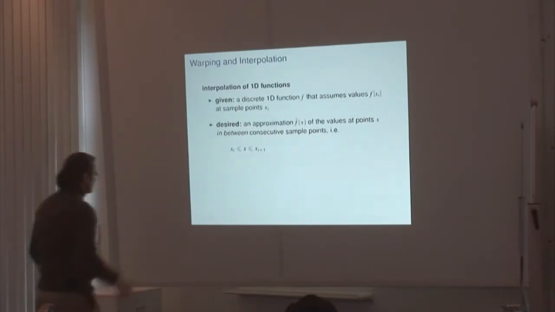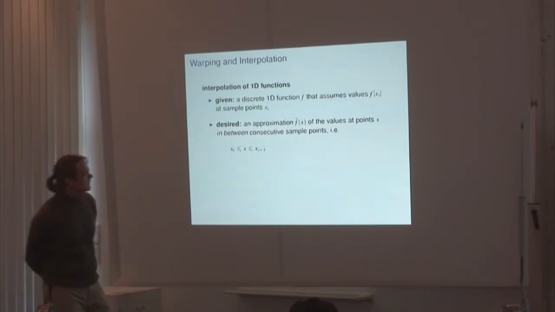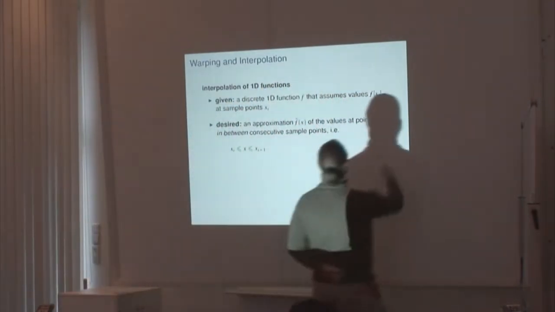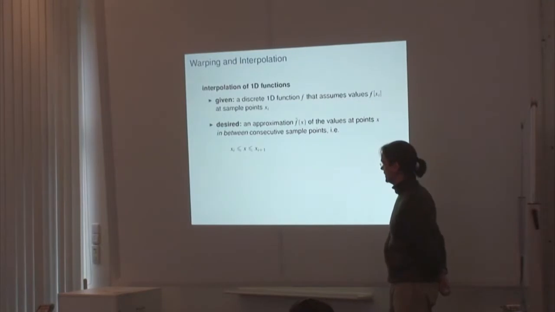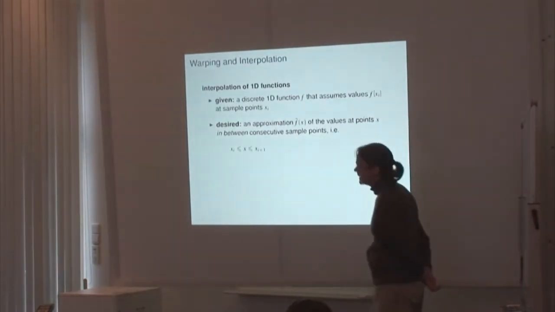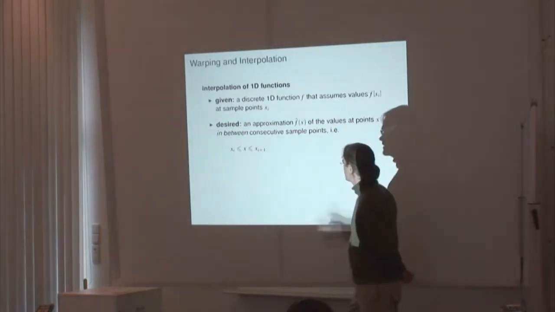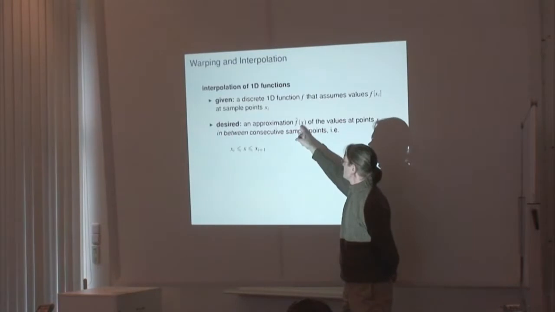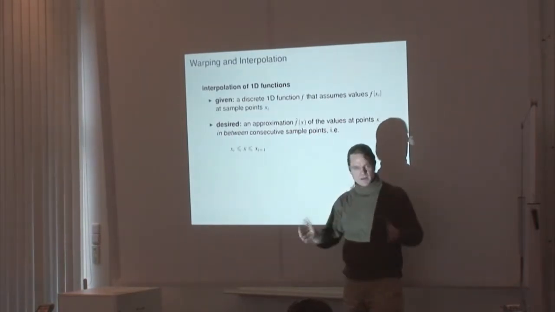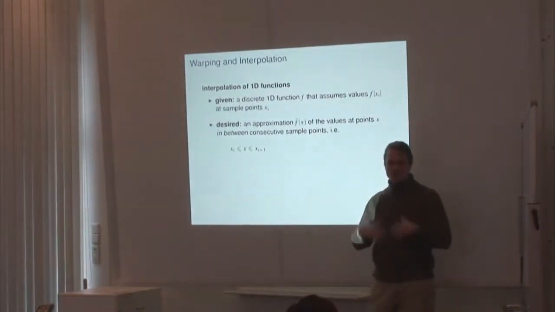So our problem is that we are given a discrete function, let's call it f, and it assumes values at certain discrete coordinates, which I call x_i. Instead of coordinates, I may also say sample points. And what we want to obtain is an approximation f hat, and this time the parentheses are actually parentheses and not brackets, which is to say that this is a continuous function.